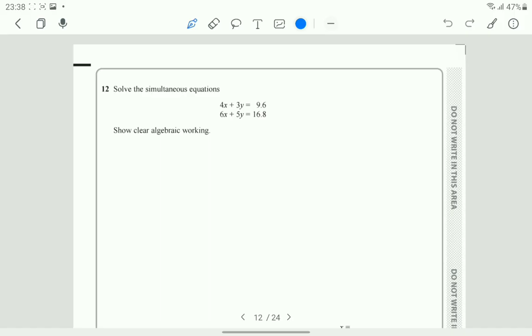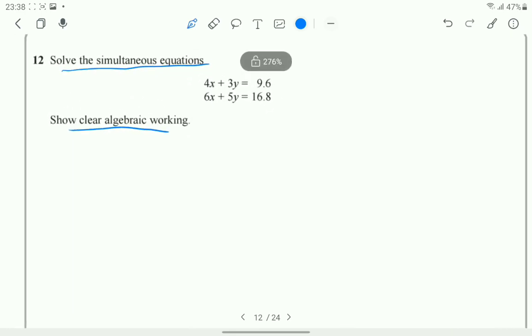Simultaneous equation question. Show clear algebraic working, solve the simultaneous equations. In this day and age you can solve it with a calculator, but your examiner requires assurance that you know the concepts. So let's move on. I prefer the substitution method. You could also use the elimination method.